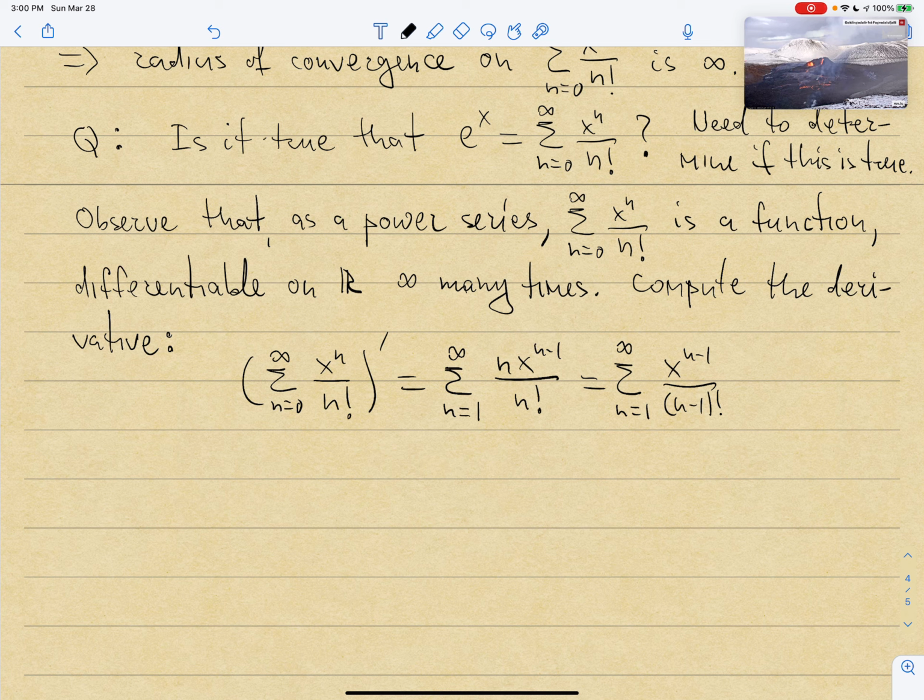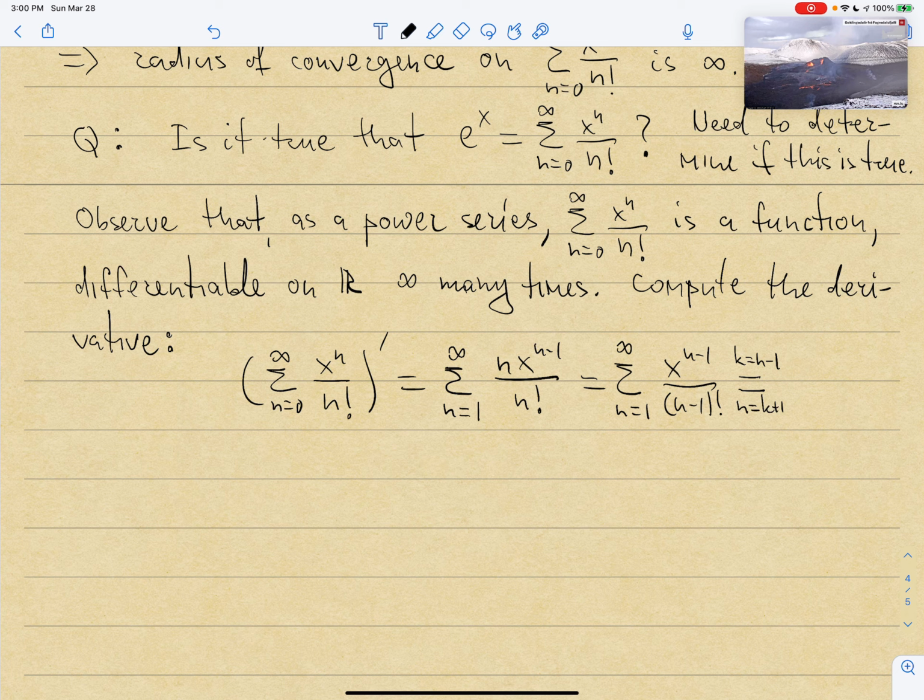All right, let's do this. Let's introduce a new index. Let me call it k equal to n minus 1. If k is n minus 1, then n is going to be k plus 1.